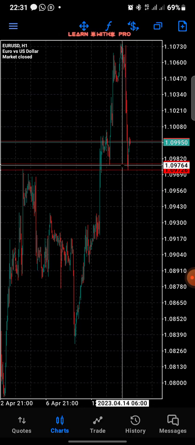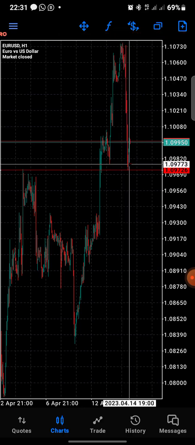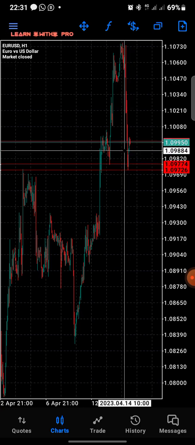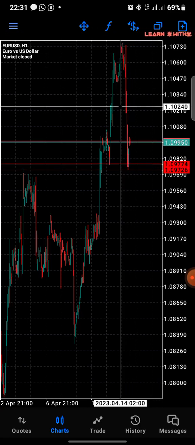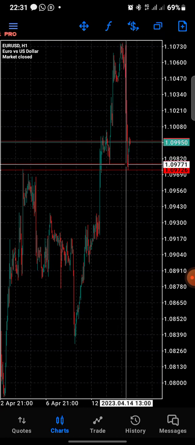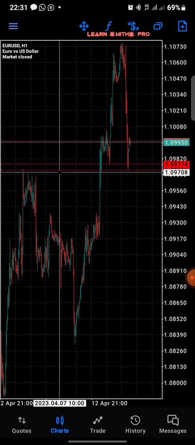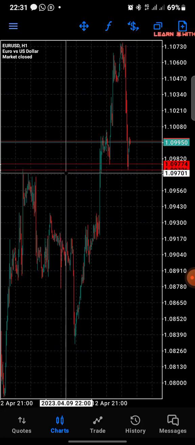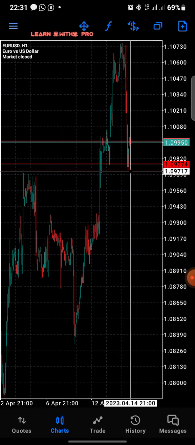It will be a buy limit. They already set their buy limit here, so when price gets here, they will automatically be put in a buy trade, and they will be looking for a stop loss at a previous key level. That's how inexperienced traders trade. You'll be looking for a stop loss at a previous key level that will not be far.